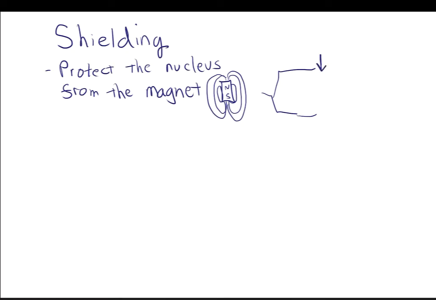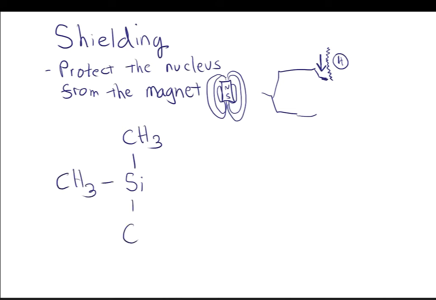Shielding is when you have electron density that's actually close to the nucleus, and what that will do is slightly lower the difference in energy between, say, something that is de-shielded. And this gets back to, it's all relative to tetramethylsilane.